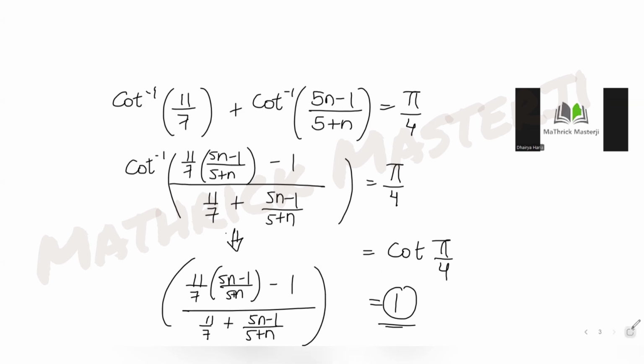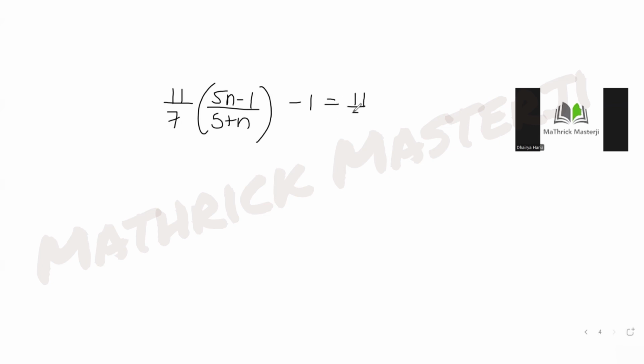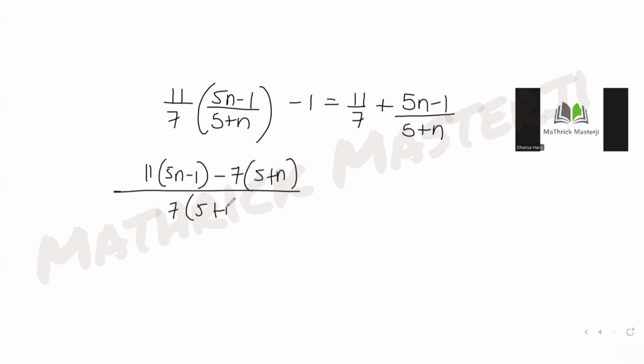Let's see how to solve this further. I get 11 over 7 times (5n minus 1) divided by (5 plus n), minus 1, equals the entire denominator multiplied by 1, which is 11 over 7 plus (5n minus 1) divided by (5 plus n). Simplifying, 11 times (5n minus 1) and 7 times (5 plus n), all divided by 7 times (5 plus n).